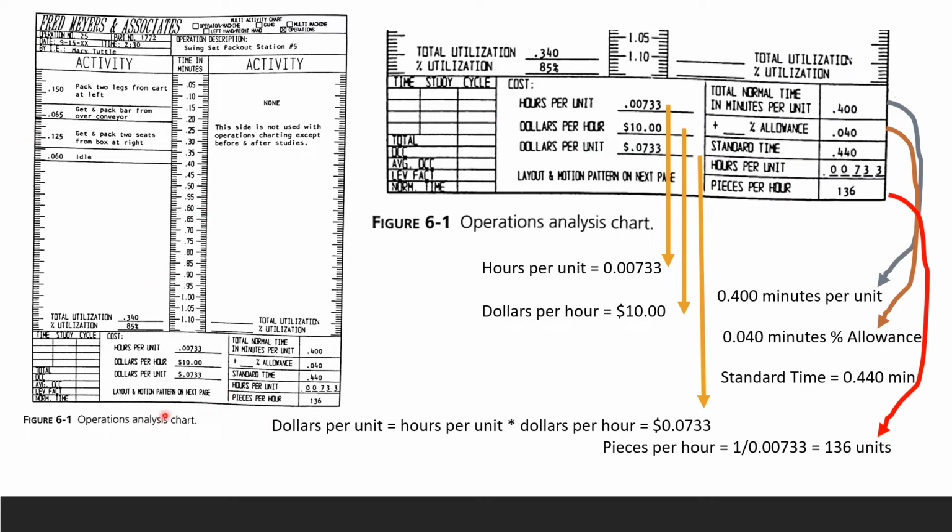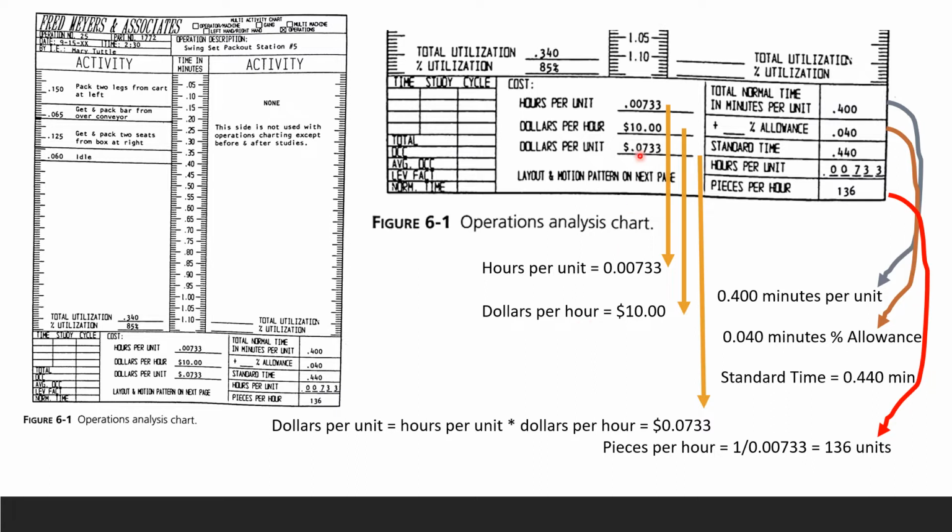Now we're going to go to the bottom part. Here is your hours per unit. Right now we're getting 0.00733 hours per unit. We translate that from minutes per unit into hours per unit. That's your previous lecture in chapter 4, so go back to that.